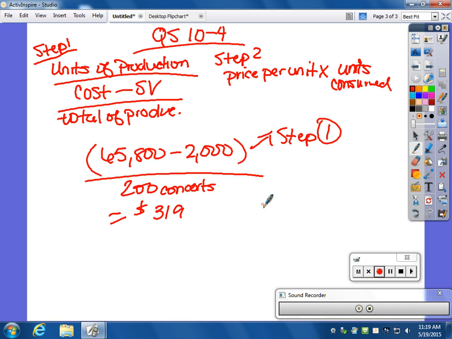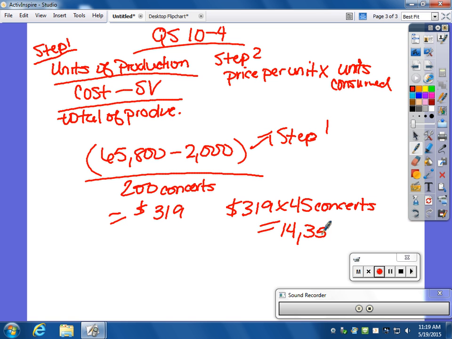And then taking that 319 times 45 concerts gives us how much? 14,355, and that is our depreciation amount for that year. Right? So good.